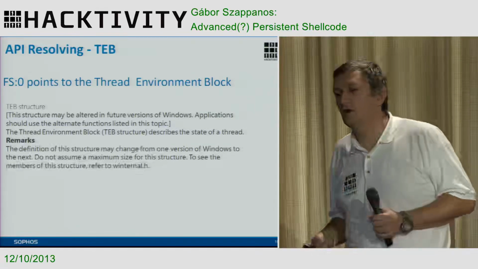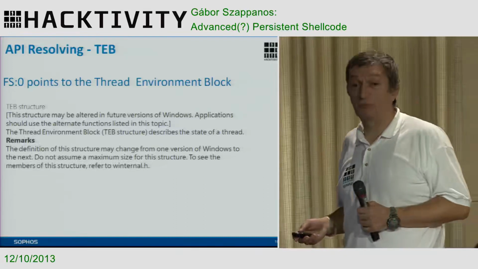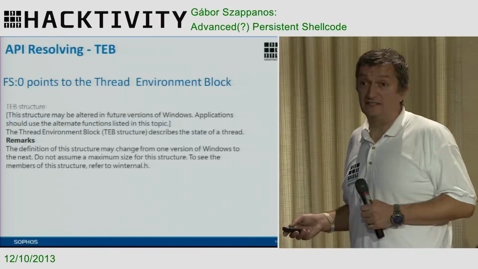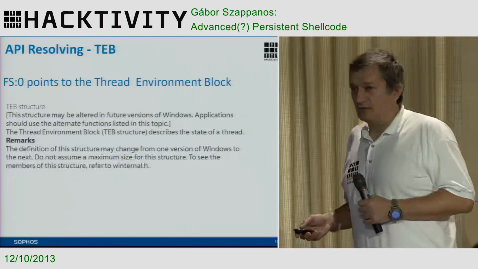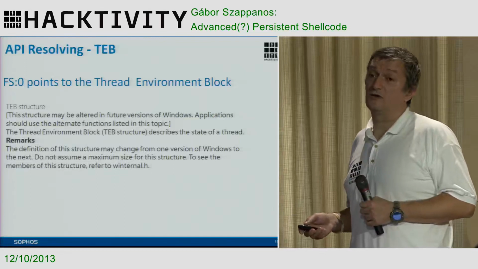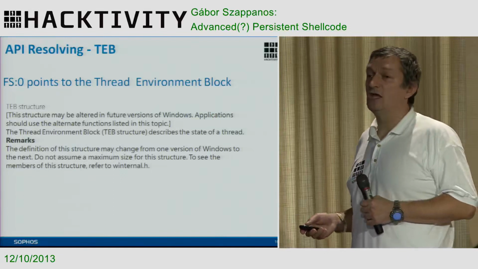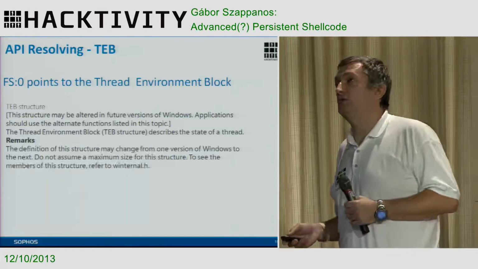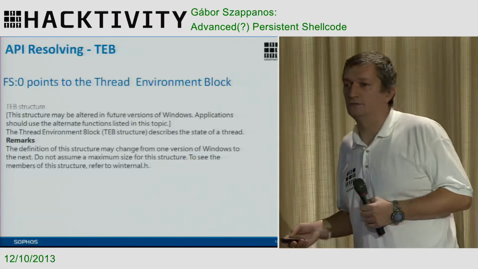Now, normally, if you're interested in some Windows programming topic, you would go to MSDN for further information. MSDN is a great source of information if you are following the canonical programming way as Microsoft imagined how you should be programming Windows. If you want to use internal functionalities, then you're on your own.